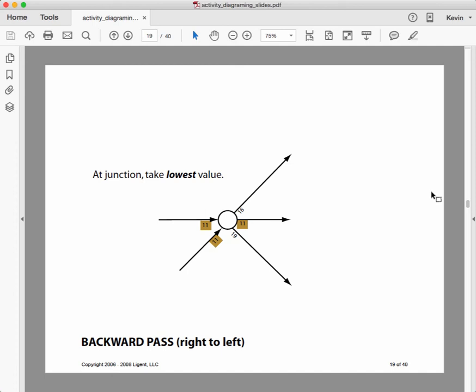And here, because we're going the other way, what works is to take the lowest of the values. So it's 11. So the late start is 11, okay? And then we come over to the other side of the node, and we have to populate the late finish. And of course, we take the lowest of the values coming into the node, which is 11. So the two on the left get a late finish of 11.